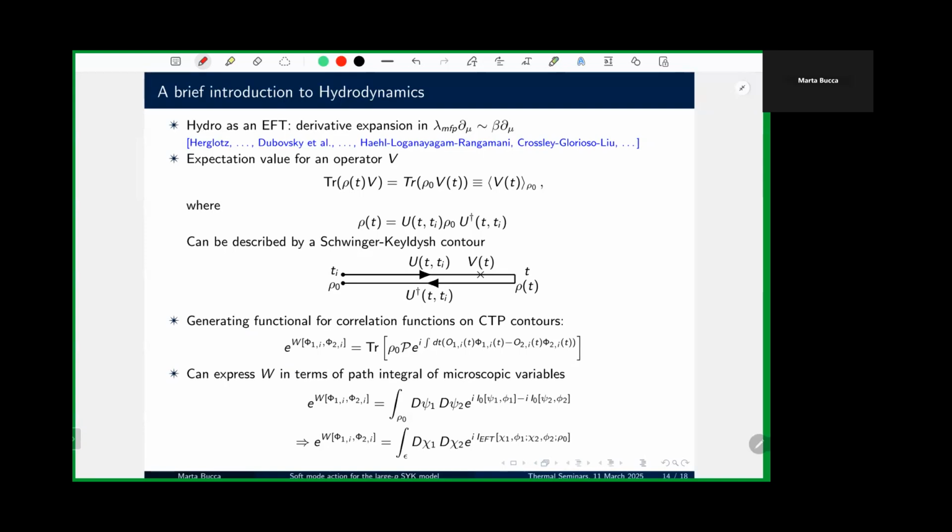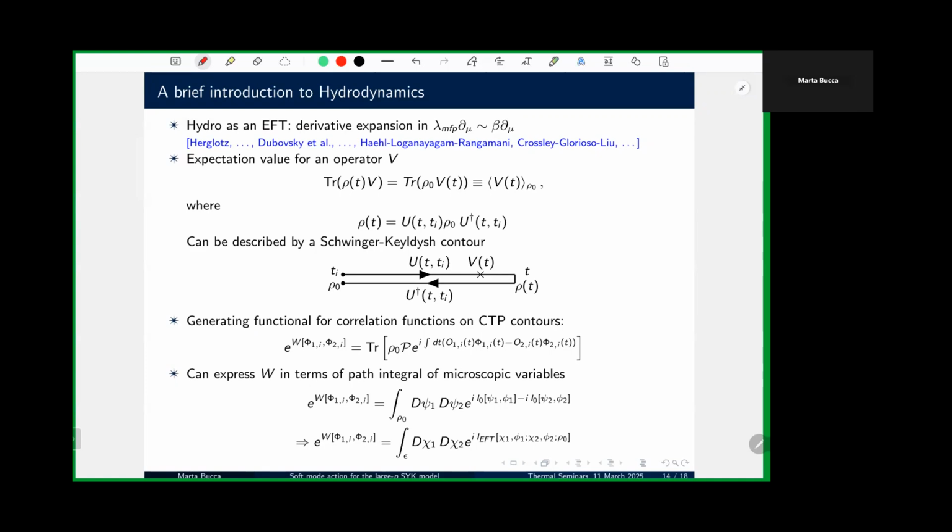So in more recent years, what has been done is people have been trying to write down hydrodynamics as an effective field theory. So the idea is you have your path integral formalism, you separate your UV degrees of freedom from your infrared degrees of freedom, and then you integrate out your UV configurations, and you're left with an effective action.